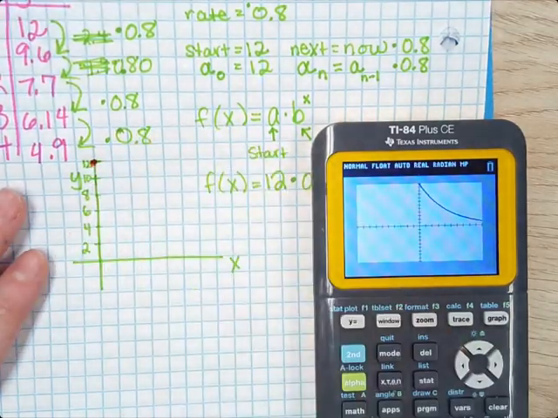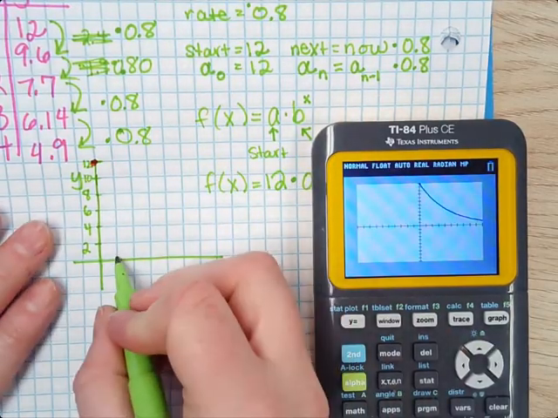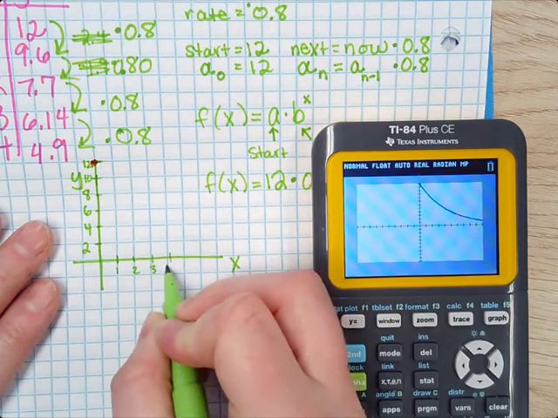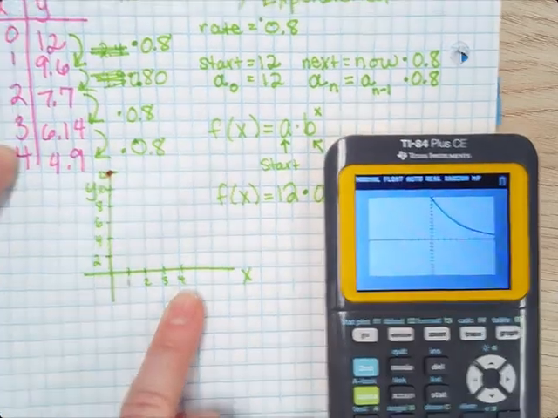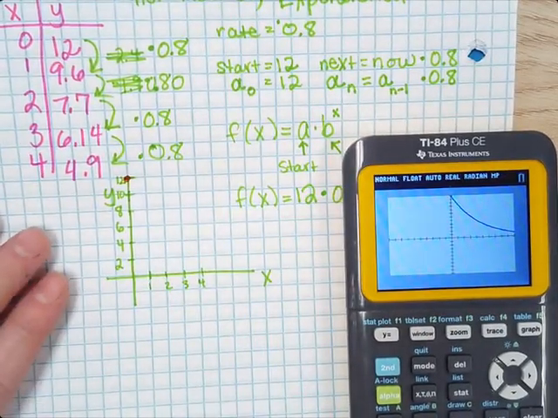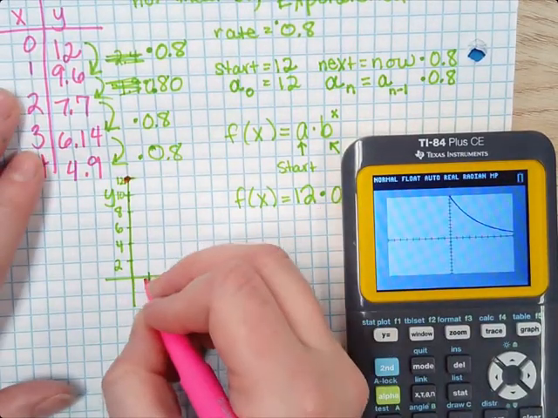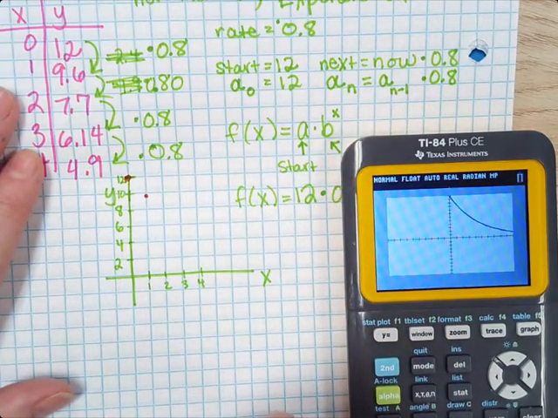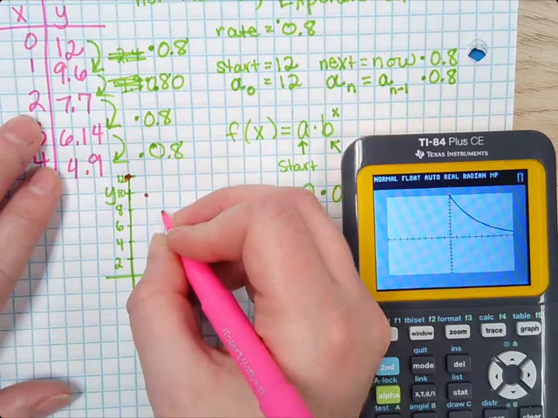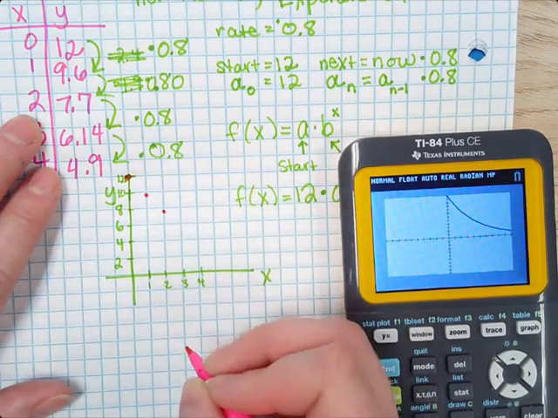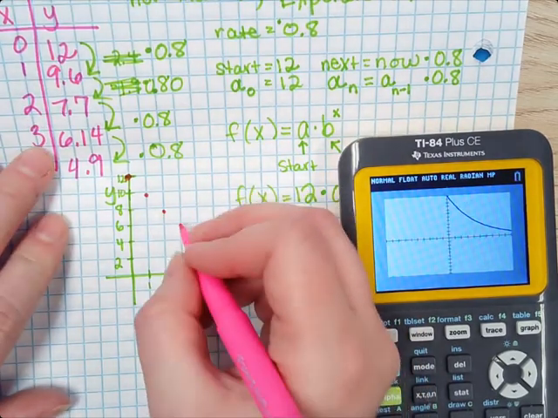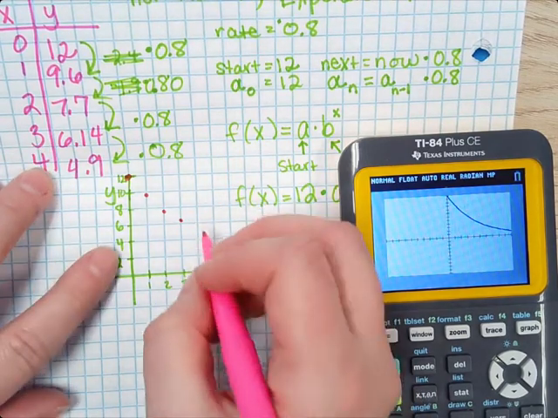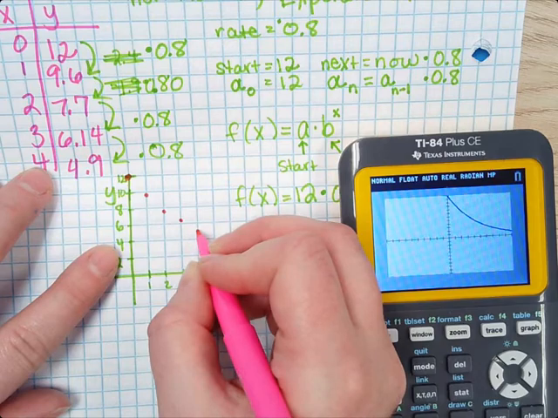I know that 0 is at 12. Then I need to go here and go by ones. I need to go to at least 4 because there's 4 on this table. And then 1, 9.6, so it's close to 10. 2, 7.7, so it's close to 8. 3, 6.14 is close to 6, and 4, 4.9, which is close to 5.